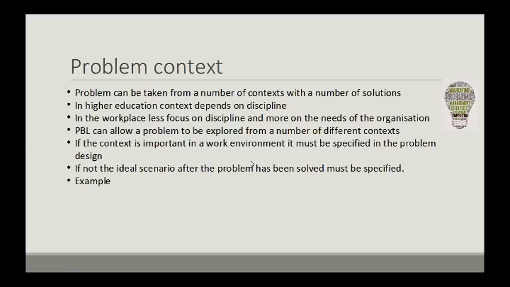For example, there is no point in making a marketing manager part of the PBL team for the above problem, as they do not have any context of the problem or any impact on how to solve this. Similarly, for our previous problem about exporting the product for an Asian market, again the problem may be taken from a number of different contexts: legal, financial and sales, and the PBL team must be comprised of these individuals.